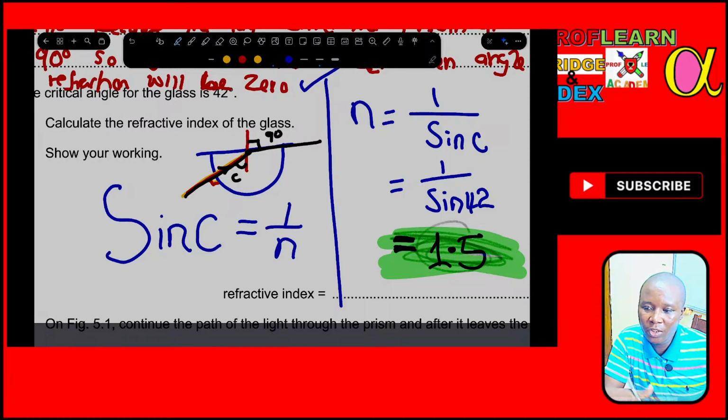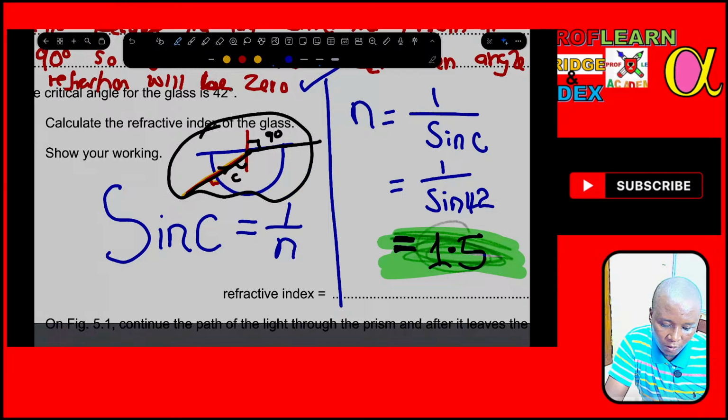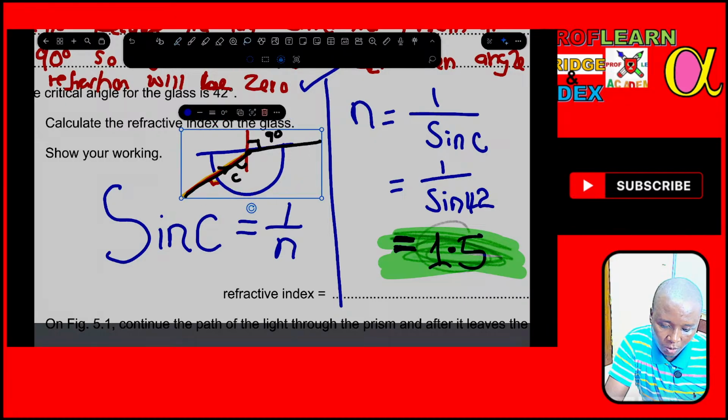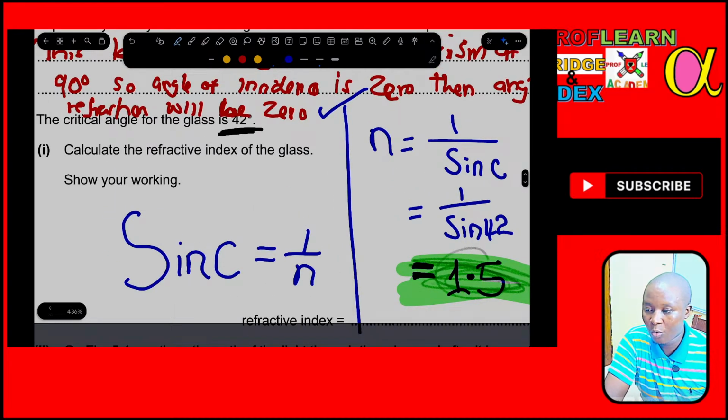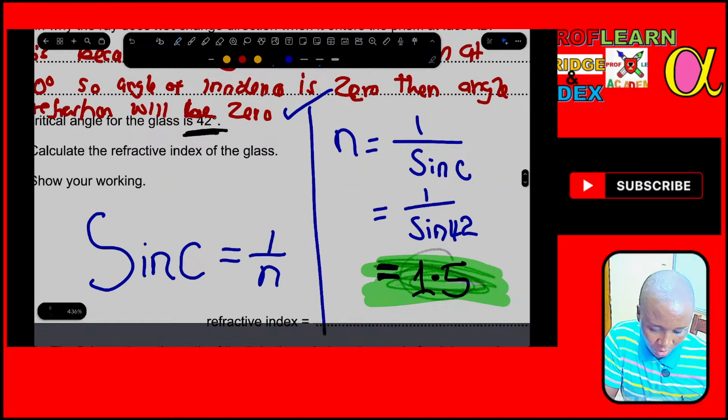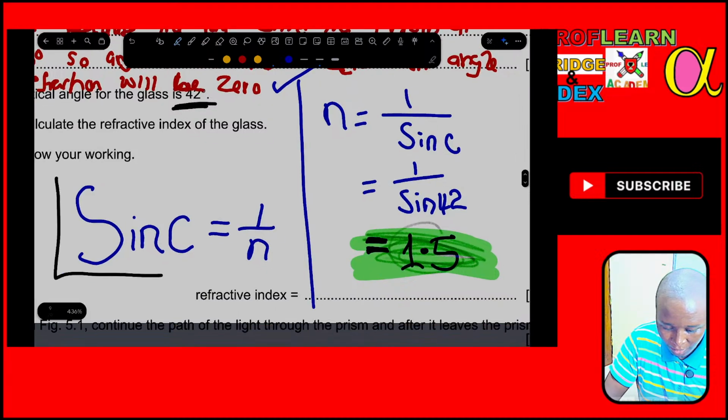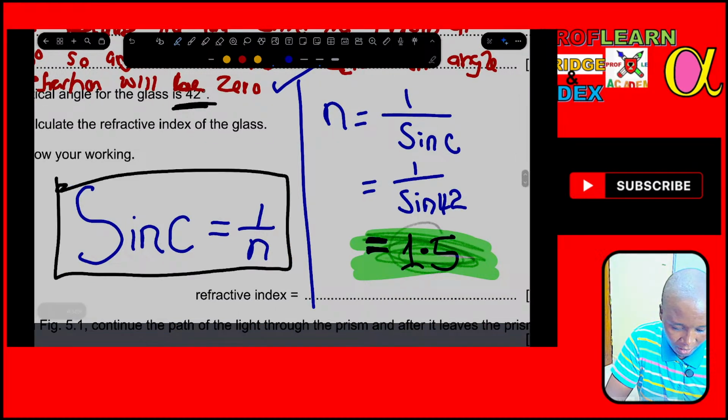If you are told to define critical angle, you are going to say this is the angle of incidence when the angle of refraction is 90 degrees. But in this question, candidates were not supposed to do this. They were told to calculate the refractive index, yet the critical angle was provided. So candidates were supposed to remember this particular formula that we have here.